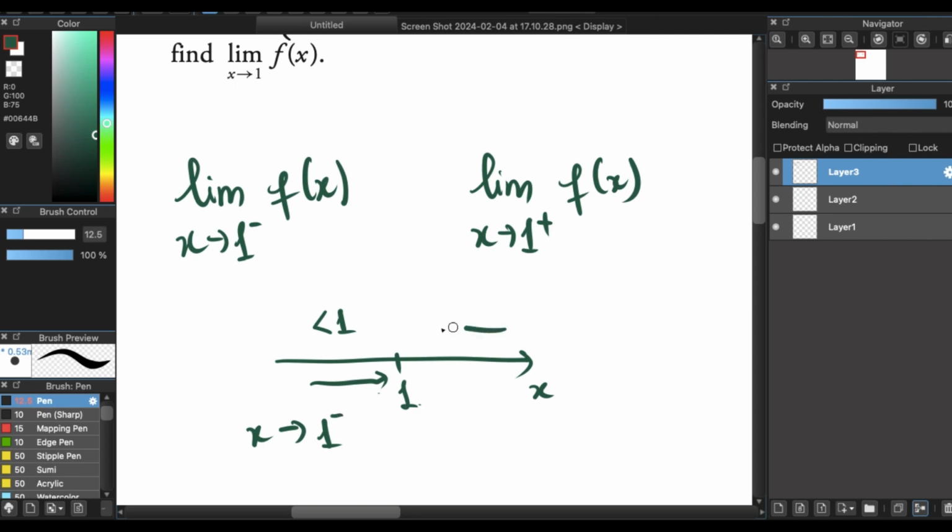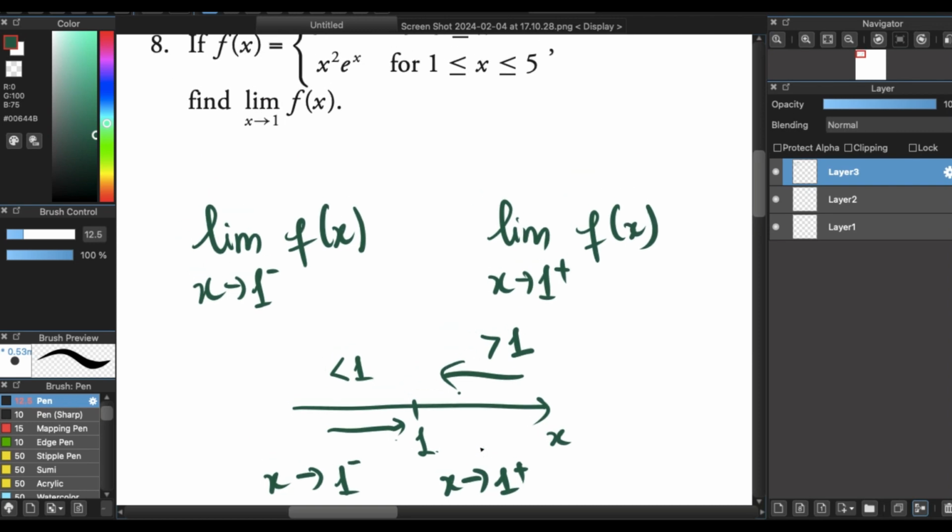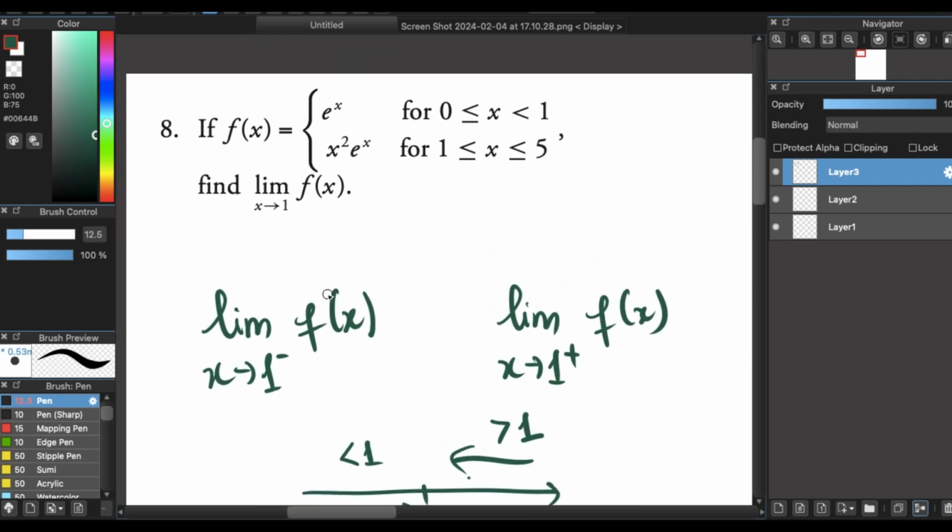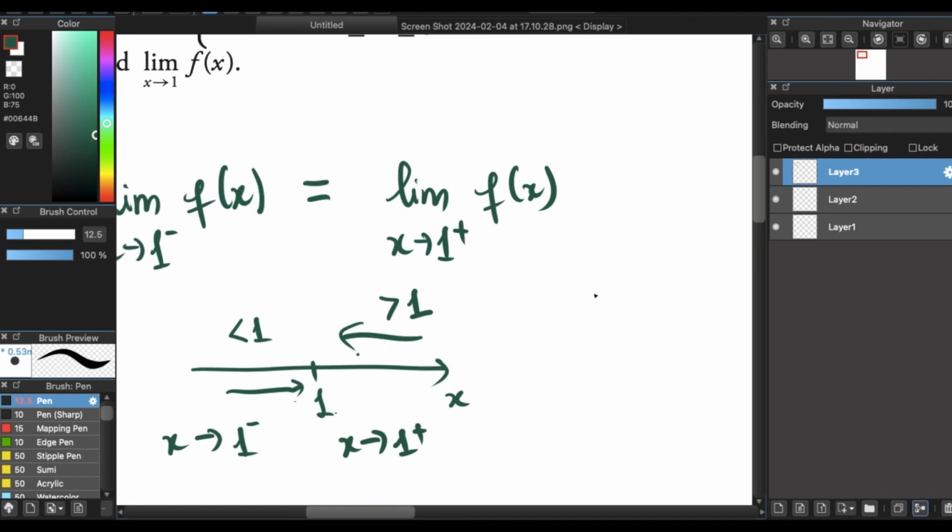And when x approaches from this side, which means x is larger than 1, we write a symbol like this. The limit when x reaches 1 only exists when we have these two equal to each other, right?